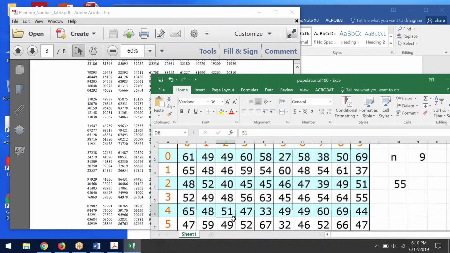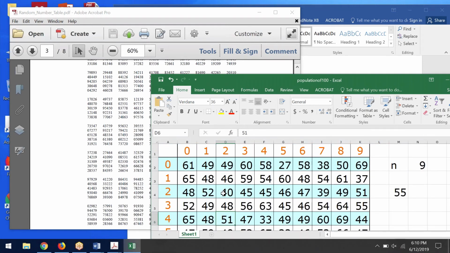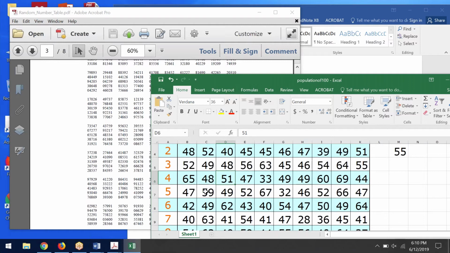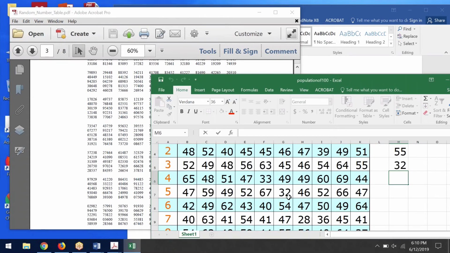Okay, so person number 55, row 5, column 5, 0, 1, 2, 3, 4, 5, is going to be 32. Okay, next person is going to be, let me go back here, 57. Row 5, column 7, 0, 1, 2, 3, 4, 5, 6, 7, is going to be 52.